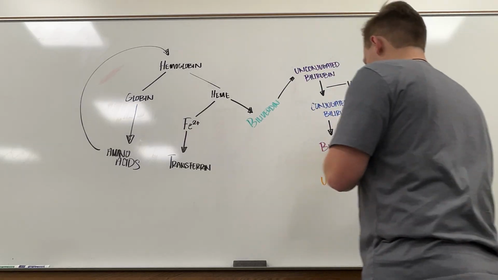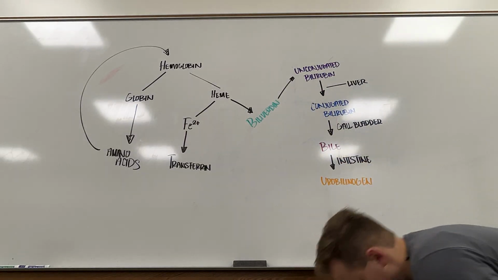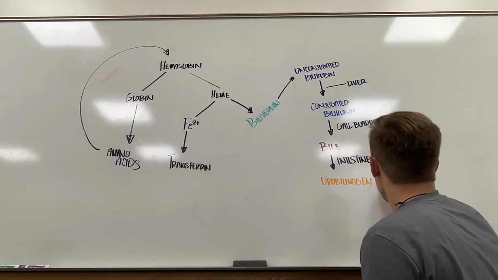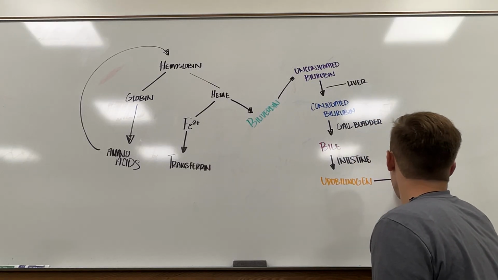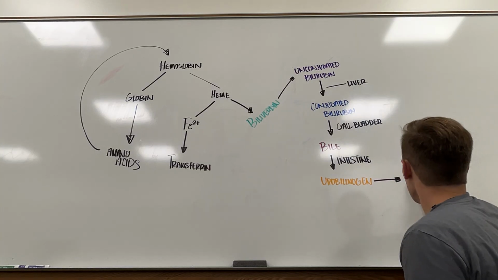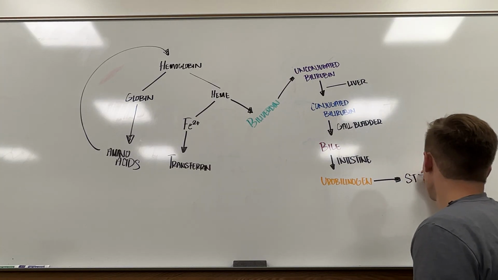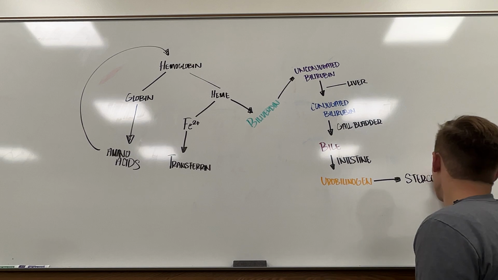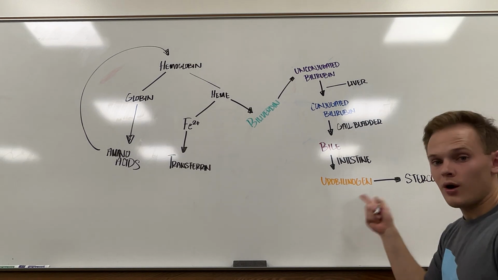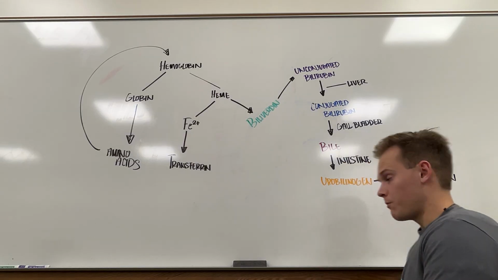Now urobilinogen can do two things. It can get transformed. Part of it can go back into the blood. Part of it can come over here and become something called stercobilin. Stercobilin is brown, and that's going to go out through the feces, which is why your feces is brown.